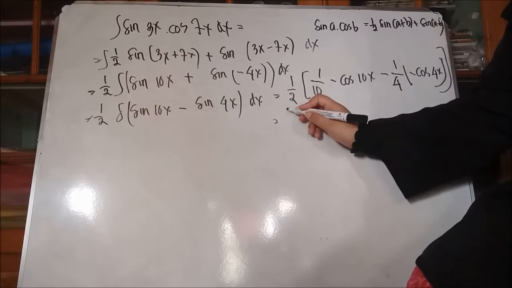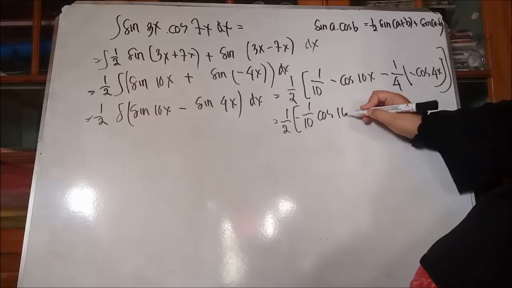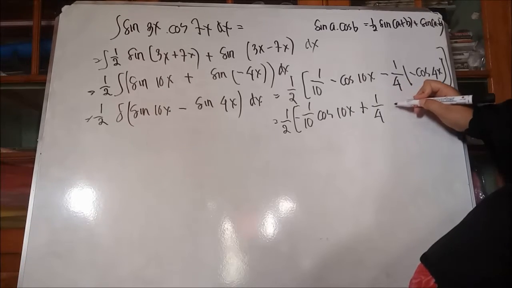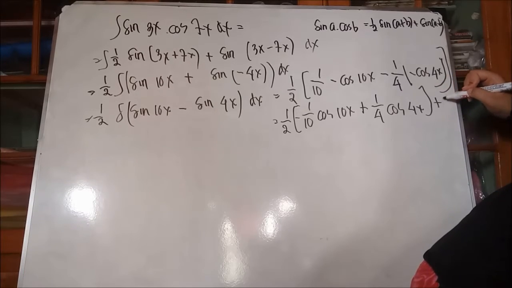So we can continue: 1 over 2, 1 over 10 negative cos 10x. Then we have the positive 1 over 4 cos 4x plus c.